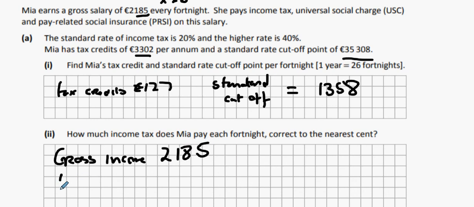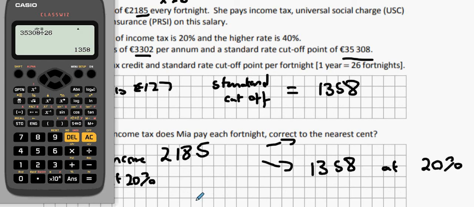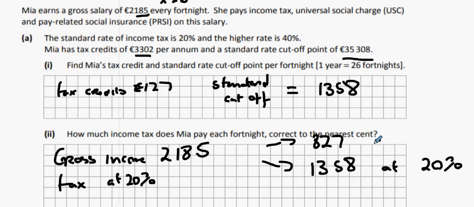All right. How much is taxed at 20%? Now we have to break it up. 1,358 of it gets taxed at 20%. And what does the remainder get taxed at? 40. So 2,185 minus 1,358, you get 827, and that gets charged at 40%.